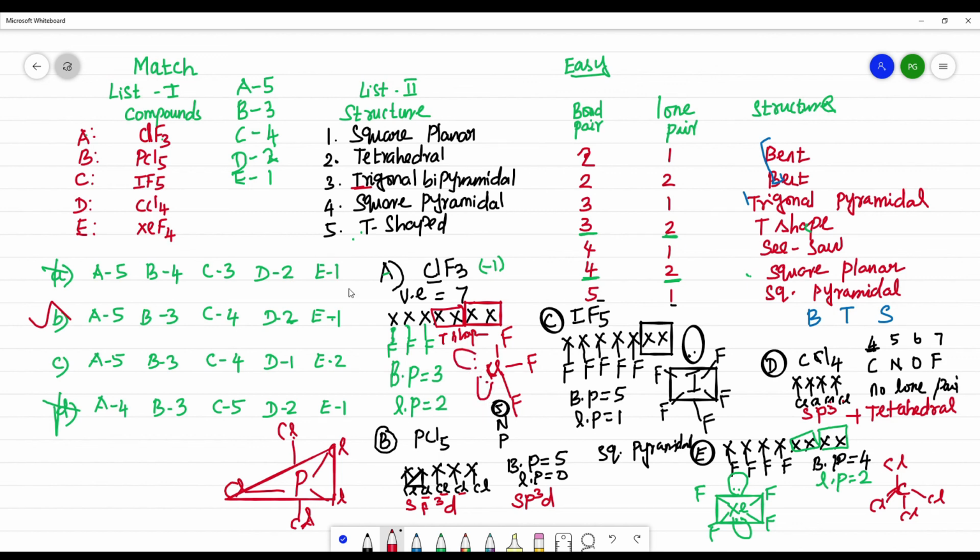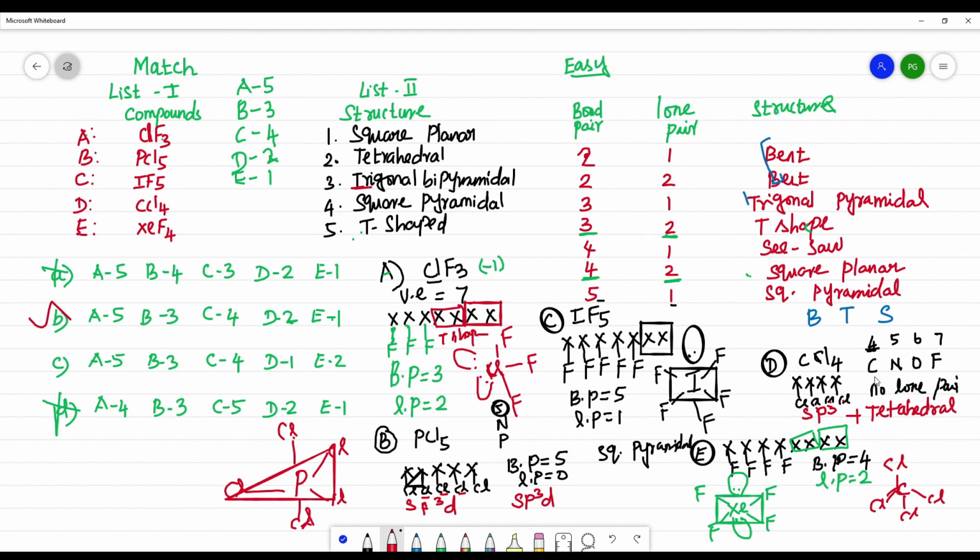So this is T shape. Then PCl5. PCl5, you don't have any lone pair of electrons. So according to the hybridization, it is trigonal bipyramidal. Then IF5. IF5, you have 5 bond pair and 1 lone pair. So 5 bond pair and 1 lone pair is square pyramidal. So this is the square pyramidal structure.